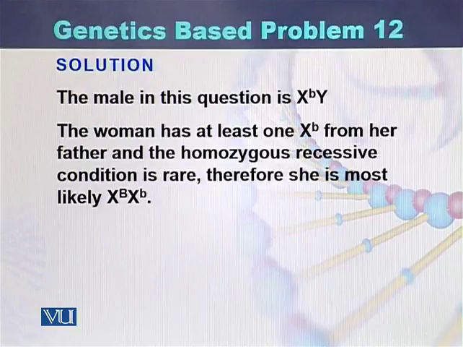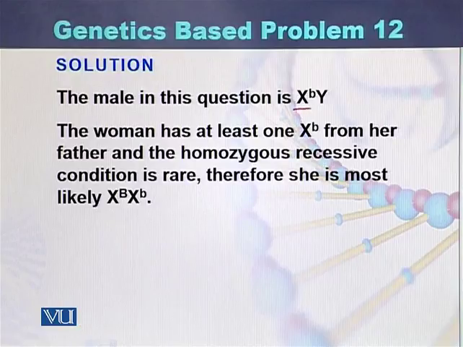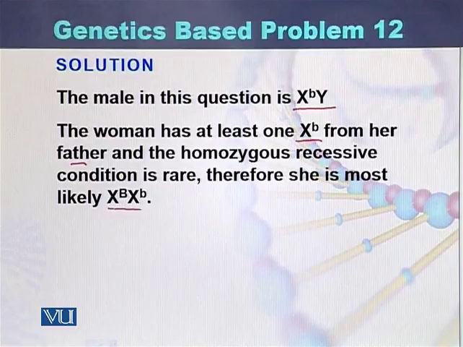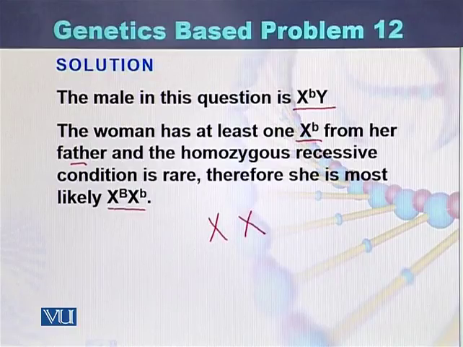In this case, the male would be X with the recessive allele and Y chromosome, because the male has the disease, that is baldness. The woman has at least one recessive allele from her father, and the homozygous recessive condition is rare. Therefore, she would be heterozygous, because she has two X chromosomes.